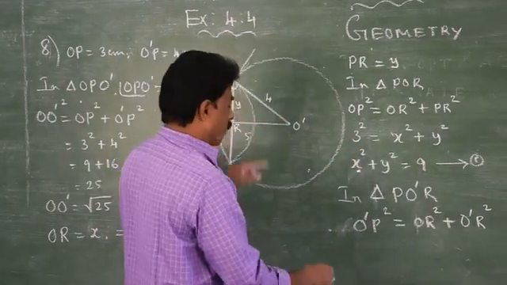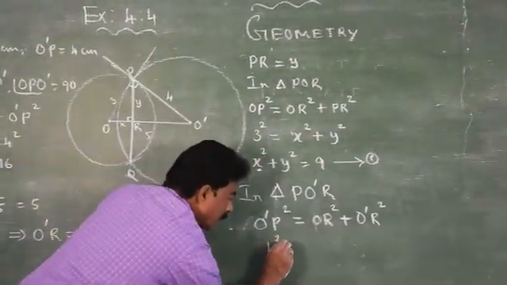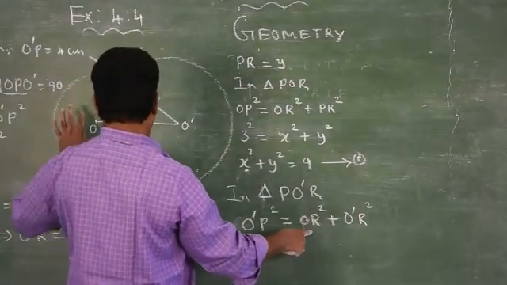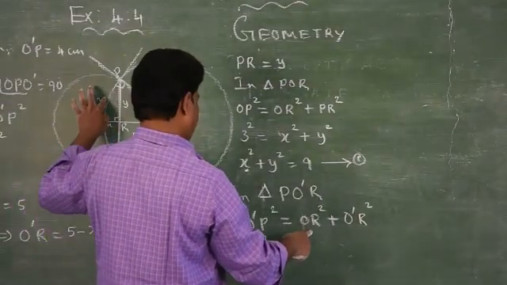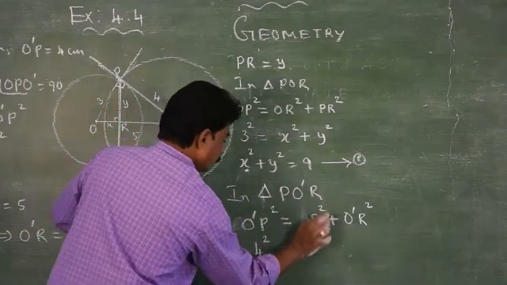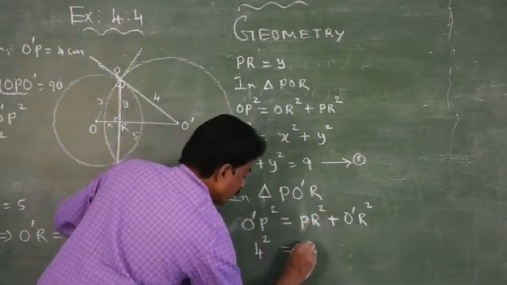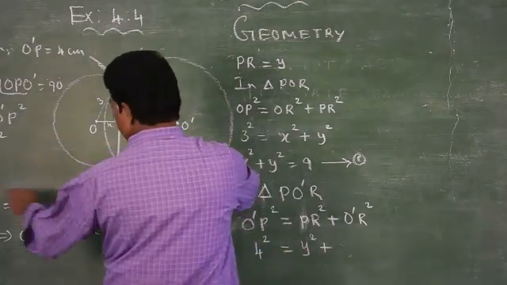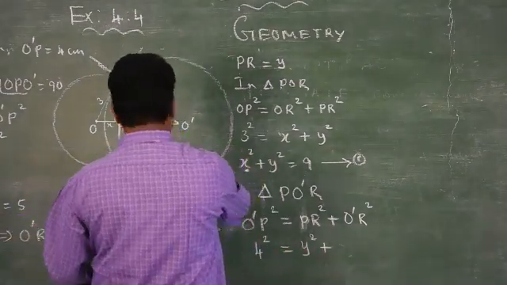O dash P is 4, so 4 square is equal to y square plus O dash R square, and we already found O dash R is 5 minus x.